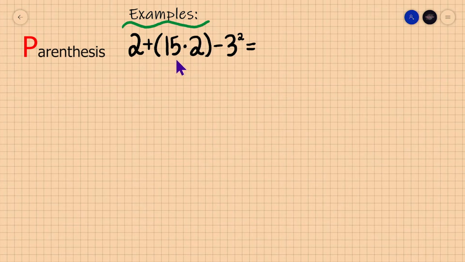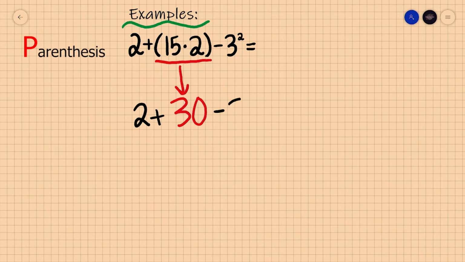In the parentheses, we have 15 times 2, and we have to do that first, and it's multiplication. So you would do 15 times 2, which is equal to 30. Then you would end up with 2 plus 30 minus 3 squared.